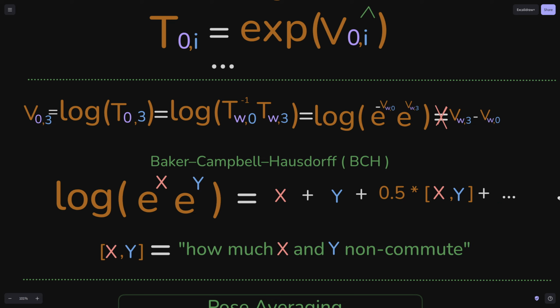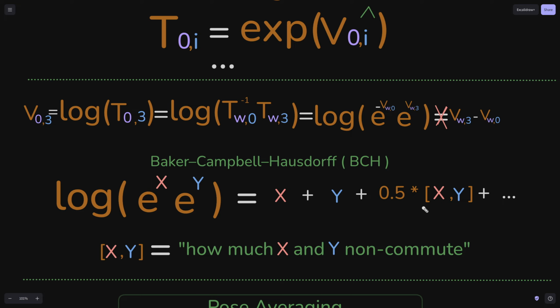So commutators and commutators, intertwining the commutations, okay? And this should sound familiar, because this looks a lot like how you would do a Taylor expansion by linearizing a nonlinear function, or any function.